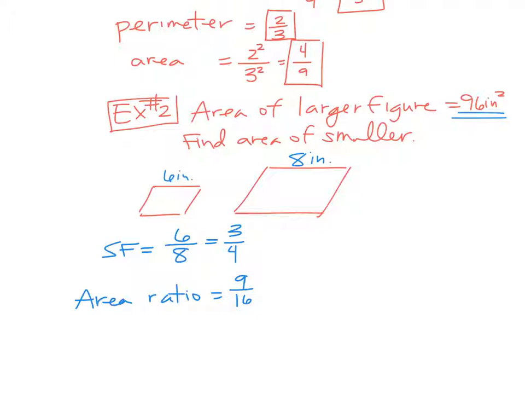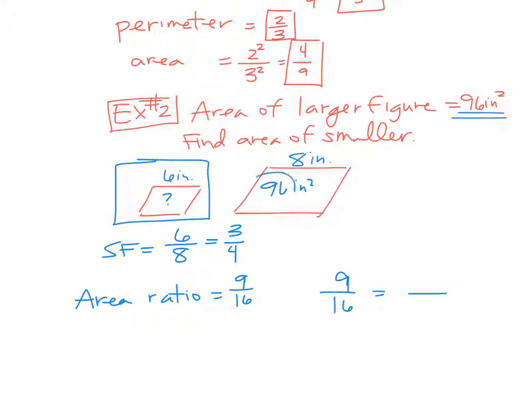So now here's the deal. That's where we stopped in the last problem, was we found the area ratio. Well, now we want to know what is actually the area of that smaller figure. The area of the bigger one is 96 square inches. We want the area of the smaller one. So what we can do is use that ratio. If the comparison of the two is 9 to 16, we can say 9 over 16 equals something over something.